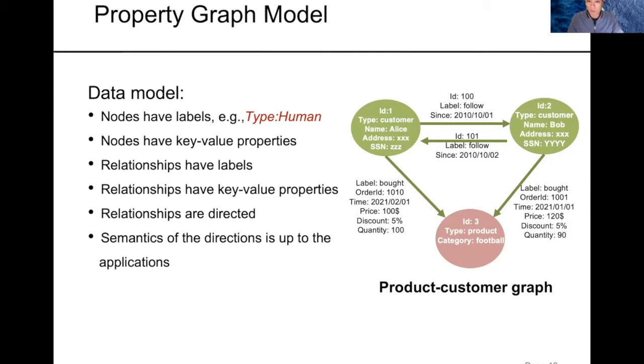For example, customer 1 bought the product with ID 3 on February 1st, 2021, at a price of $100 with a 5% discount.